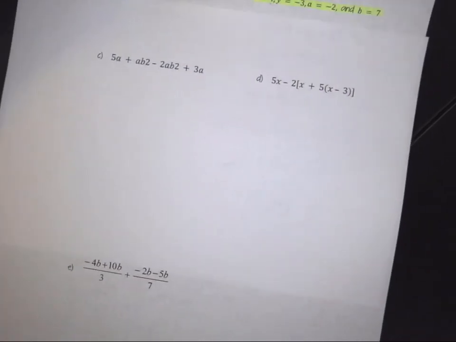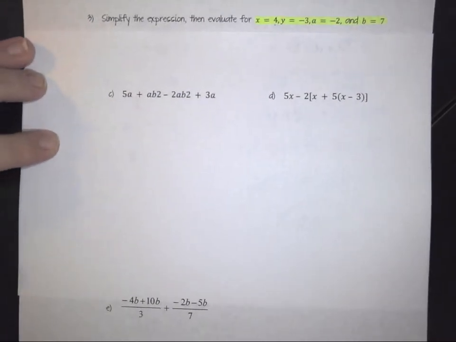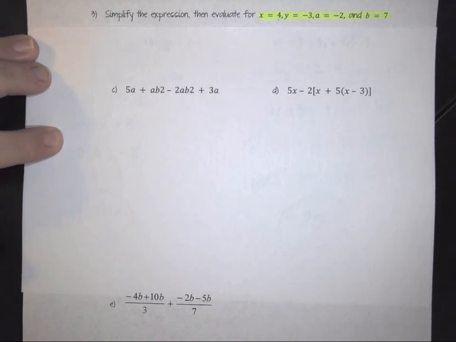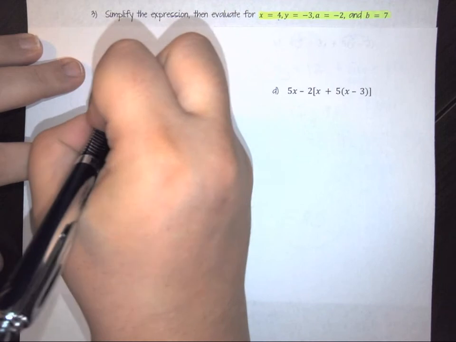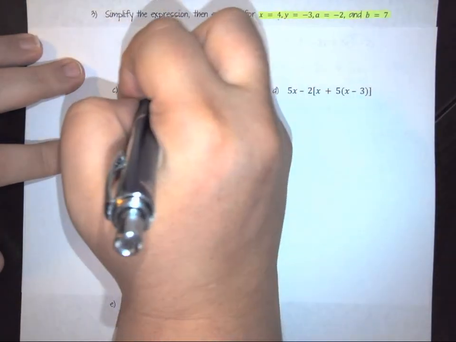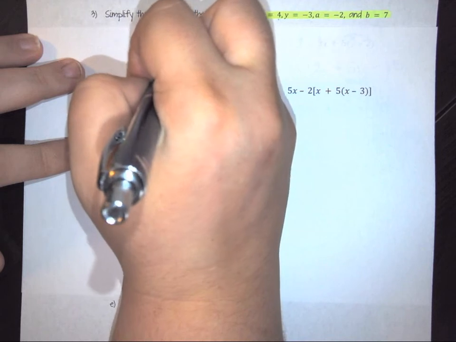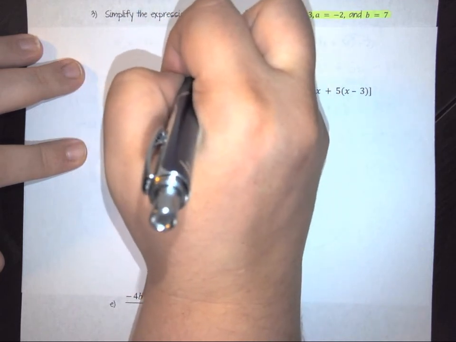I'm going to go ahead and do it this way so that we can remember what my terms were. So here I have a 5a and a 3a, and then this was ab squared, and this is 2ab squared.